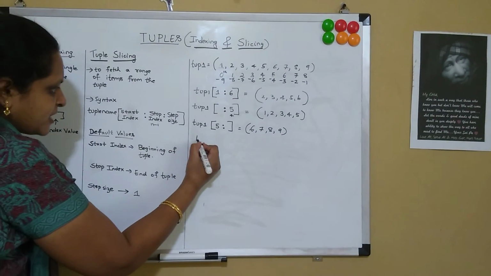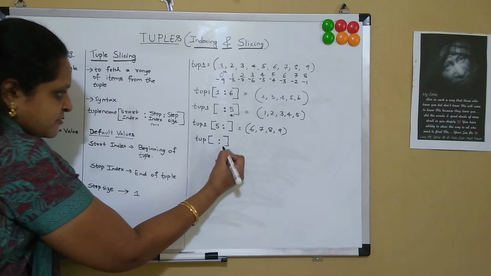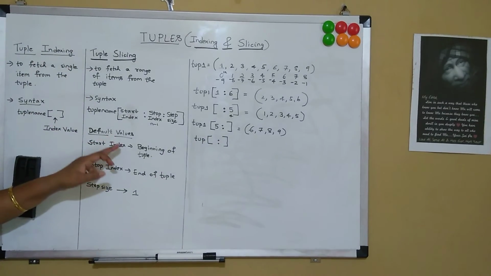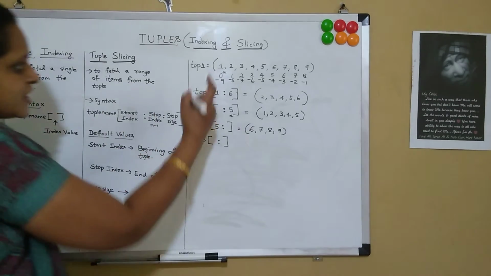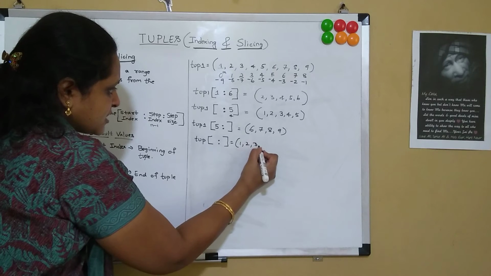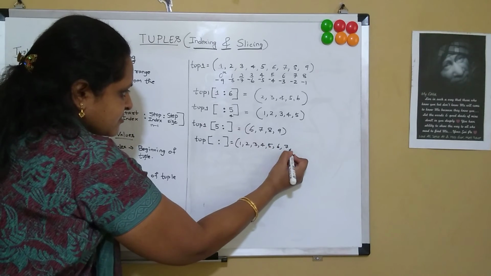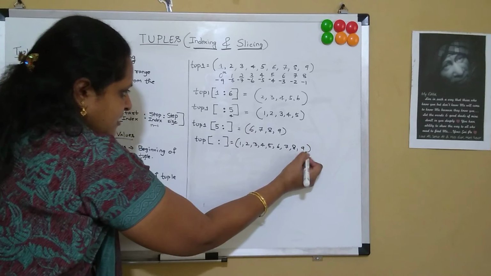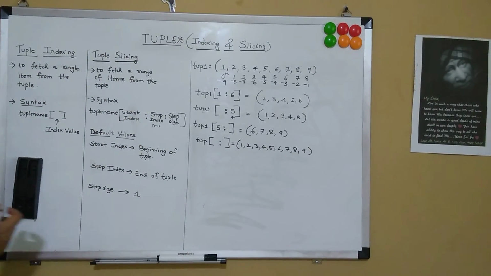And now if I don't specify anything, I don't specify start and stop, in that case from the beginning till the end it will fetch all the items. So it will give 1, 2, 3, 4, 5, 6, 7, 8 and 9. Hope so friends, it is clear for you.